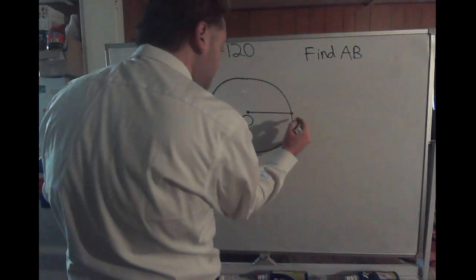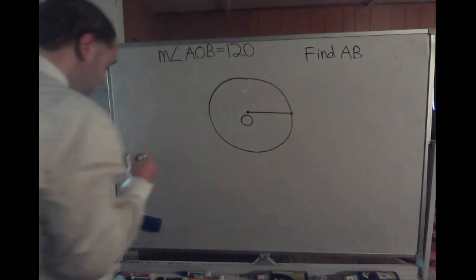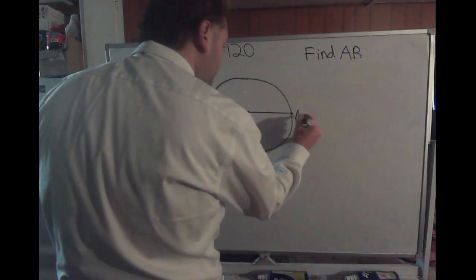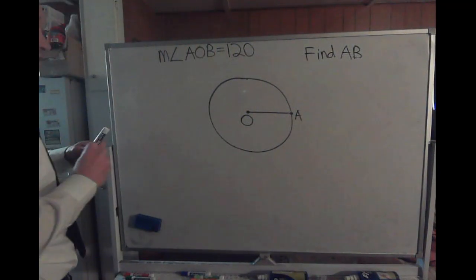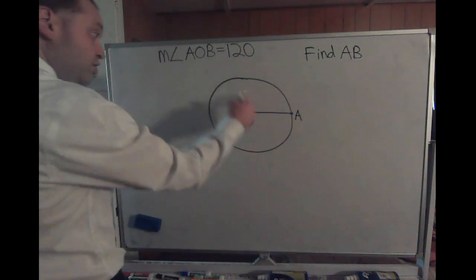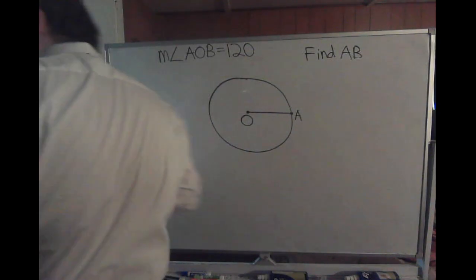A will end at the right. That'll be point A. So you'll have radius OA. We also need to form radius OB in such a way that angle AOB is 120 degrees.